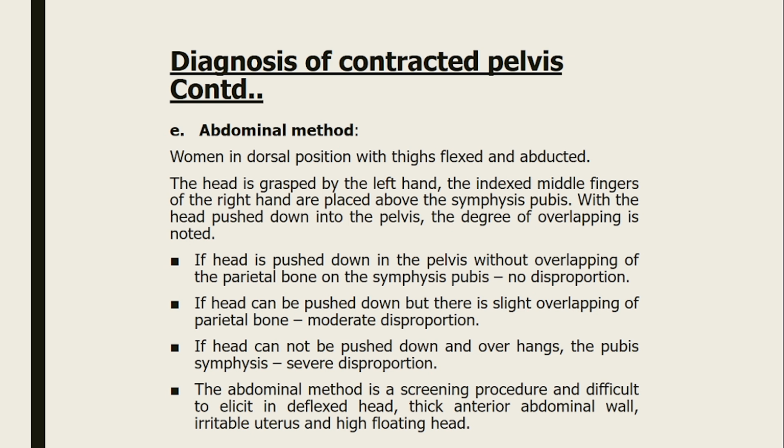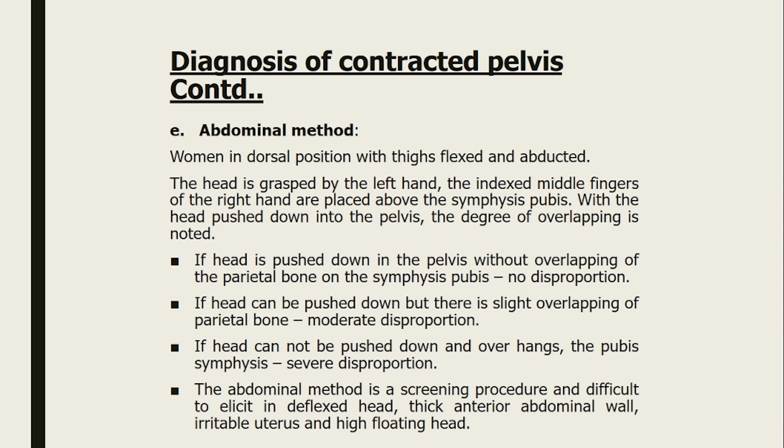The middle finger and the index finger lie on top of the pubic symphysis, and with the left hand you push the head into the pelvis to see whether there is going to be overlapping of the parietal bone, of the fetal head, with the pubic symphysis. If the head of the baby is pushed into the pelvis without overlapping, obviously there is no disproportion.